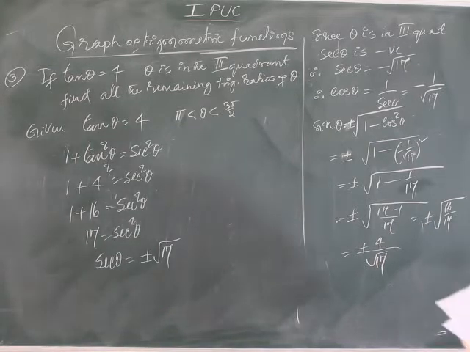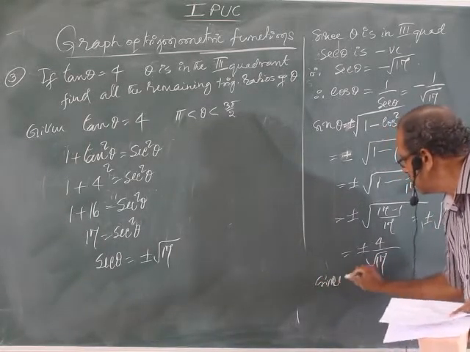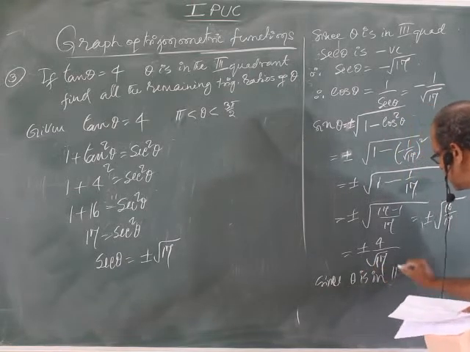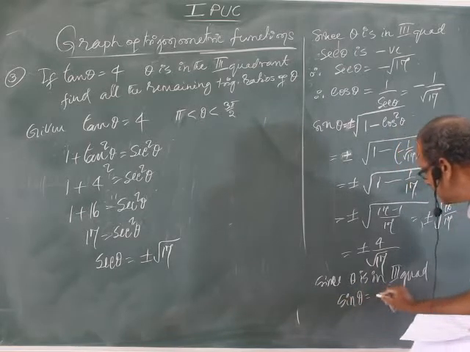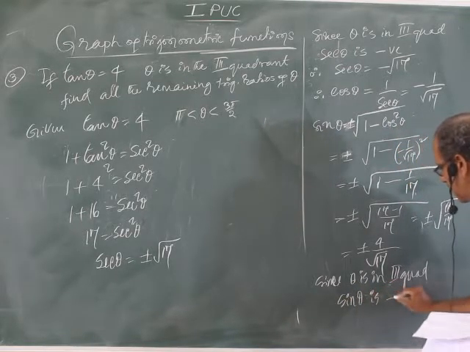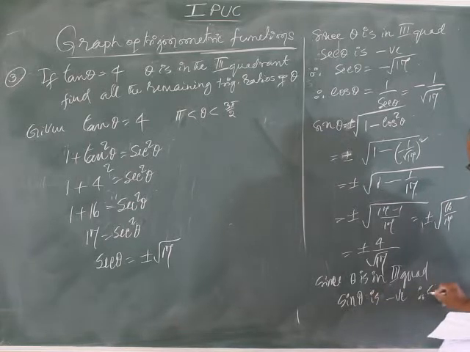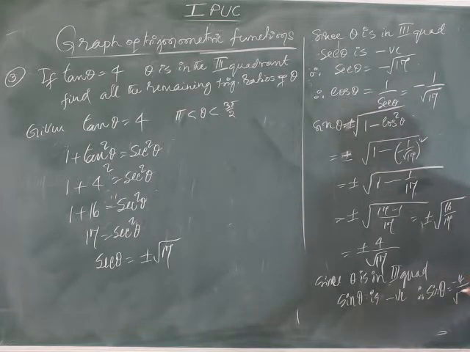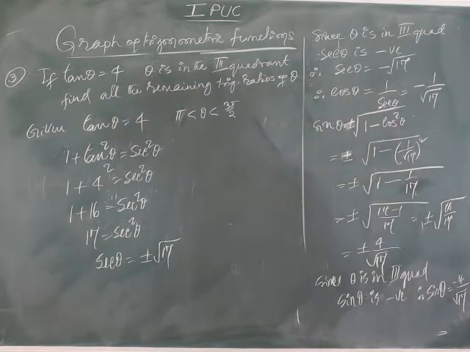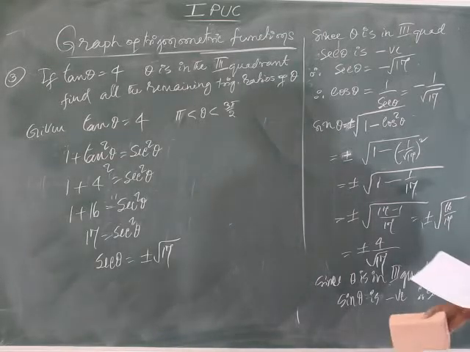Now write, since theta is in the third quadrant, sin theta is negative. Therefore, sin theta equals minus 4 by root 17. Secant theta, 1 by cos theta, is minus root 17. Everything is correct.